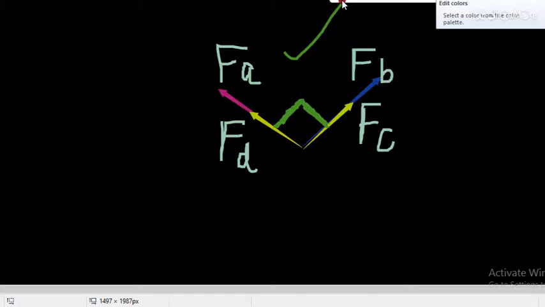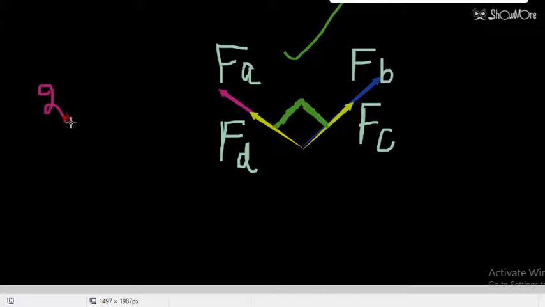Now I am going to solve this question from the previous one, because the previous one was also the same. These two forces will be added, so the resultant of the left hand side force, from FA and FD, that will be added.